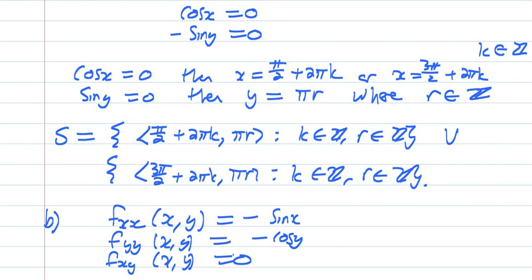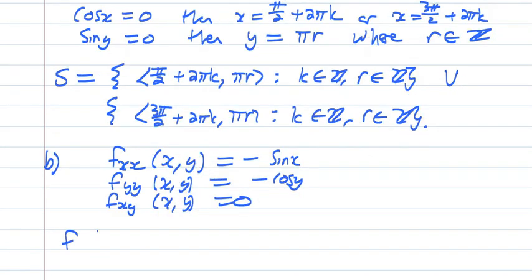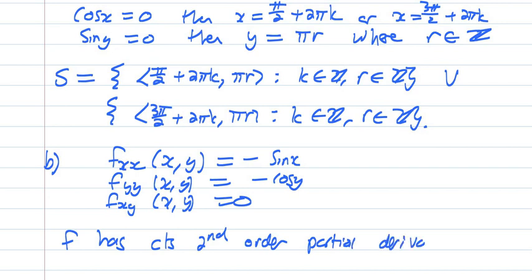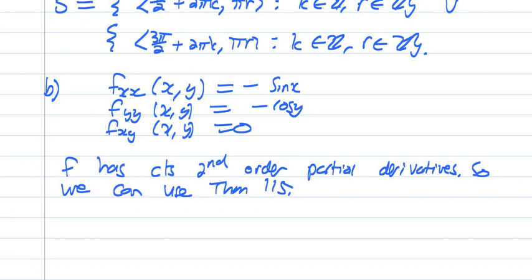Now we want to use theorem 115, and we note that f has continuous second order partial derivatives. So this is good news. The conditions of theorem 115 are met, and so now we can go ahead and classify.